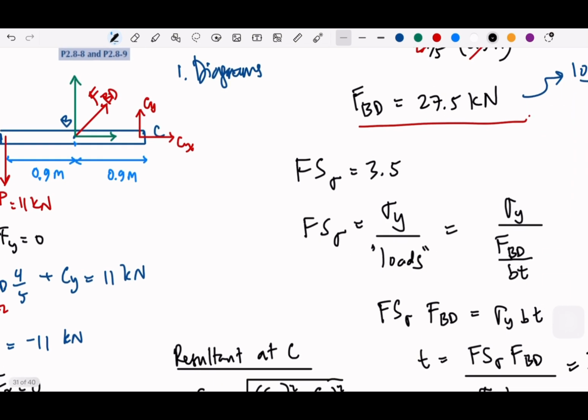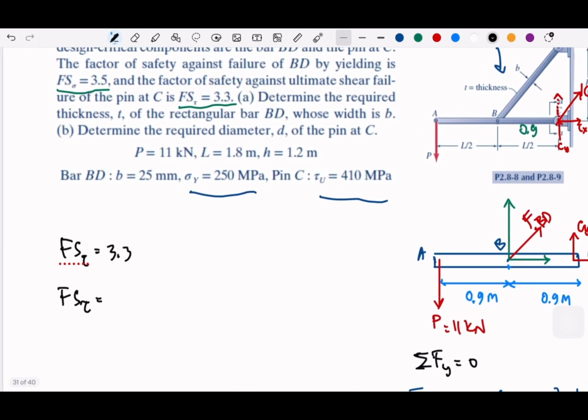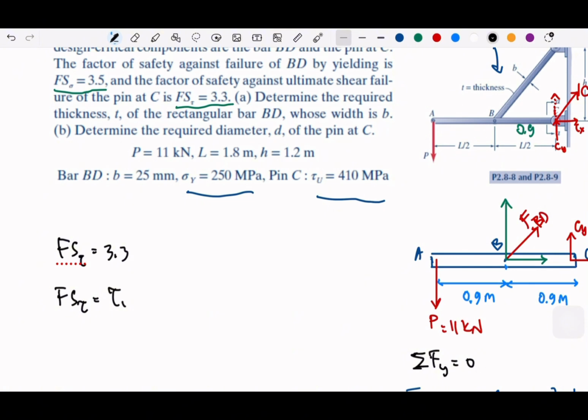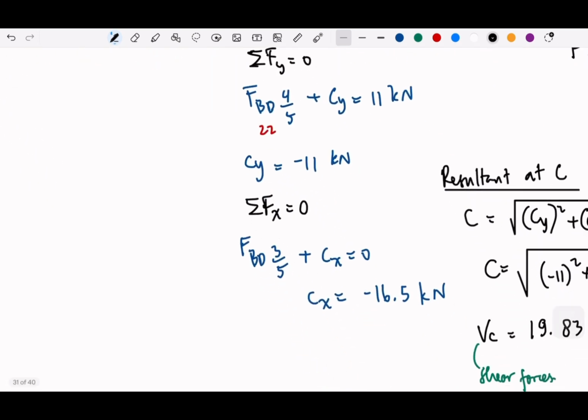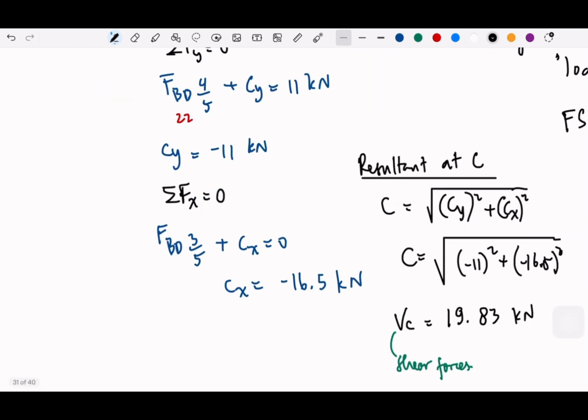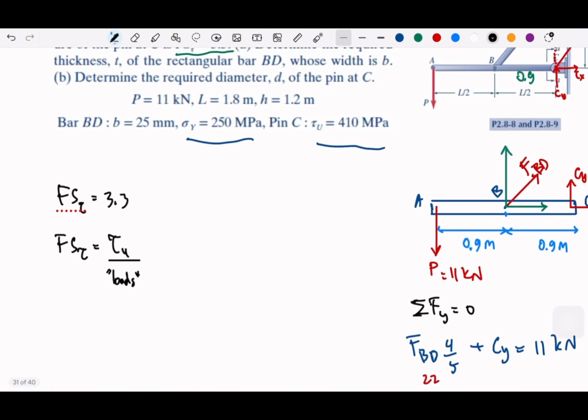This is sigma y, but I will write here tau, the shear stress, divided by the loads. This is supposed to be the allowable load, but I will just write loads. Now loads means this Vc divided by area. Loads is Vc divided by 2A.